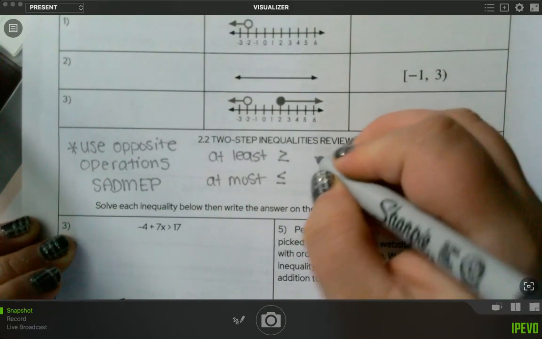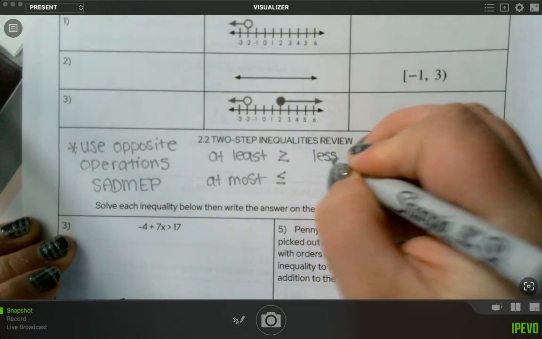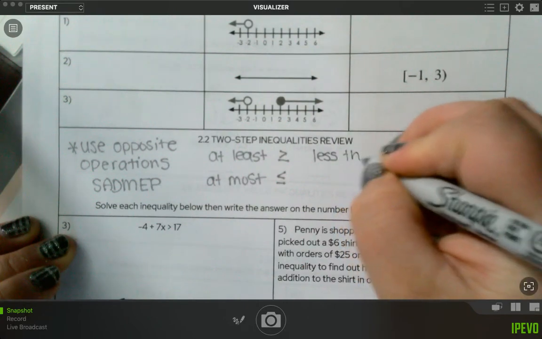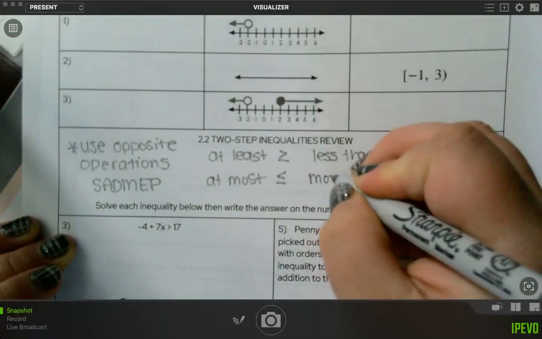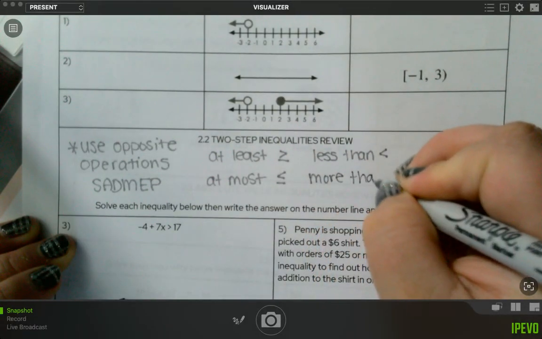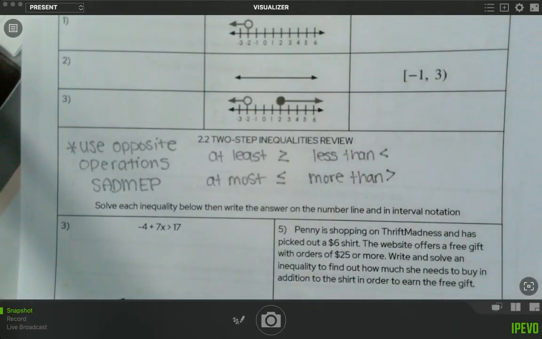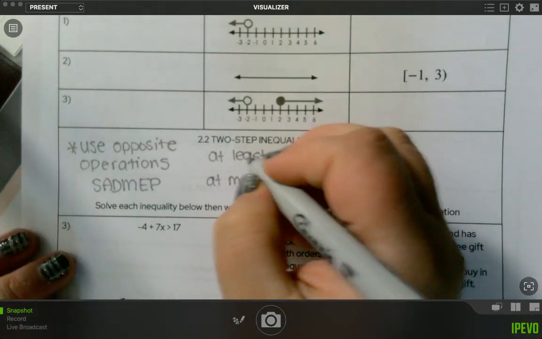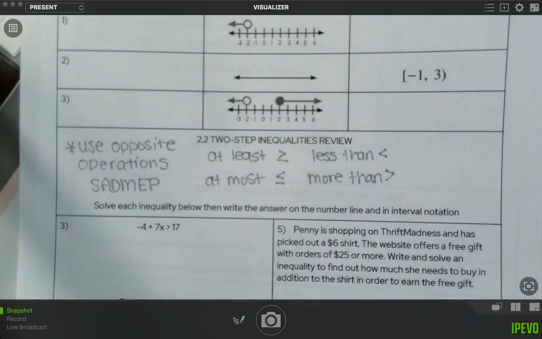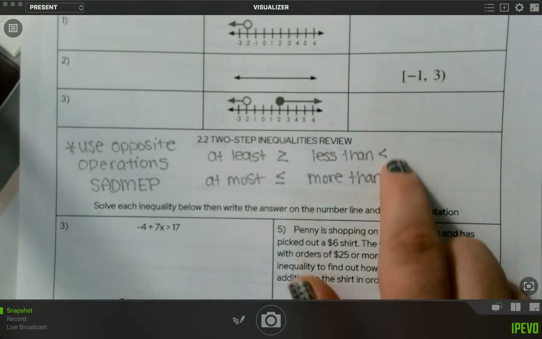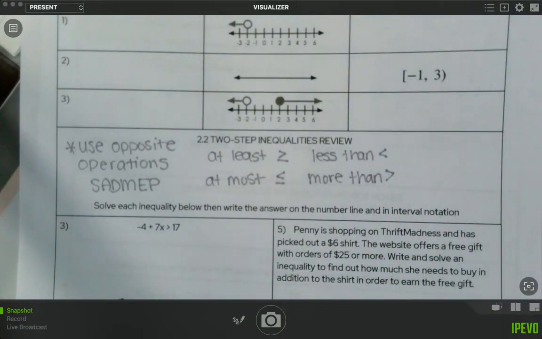Okay, and then if it says less, then realize that means without the little line underneath, and more than means without the little line underneath, but going to the right. Okay, this is not always the way that the words are going to show up. So you do kind of have to understand whether a problem is going greater than, which is these, or less than, which is these. Okay.